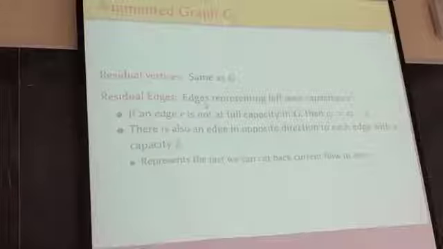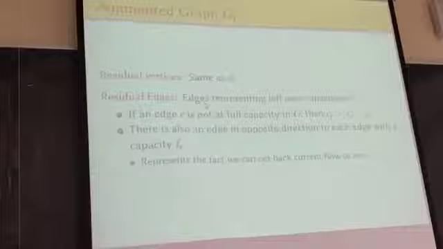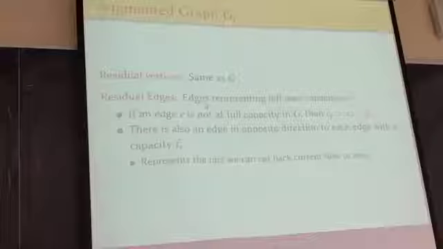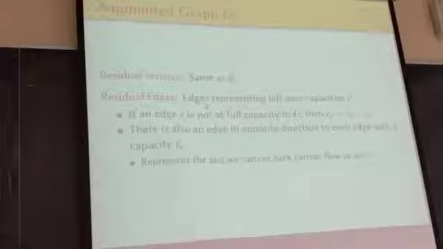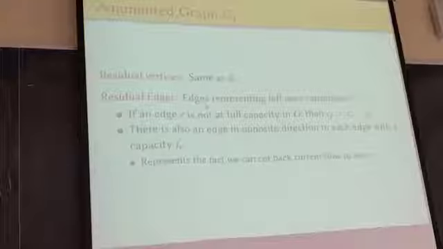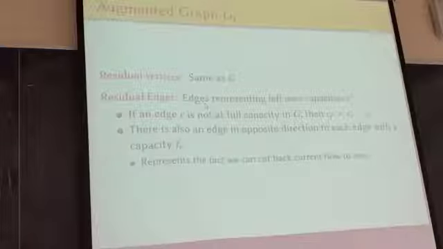But in order to do this, we need to define the notion of a residual graph. A residual graph basically captures the remaining capacities. You're going to do this step by step. In the first step, you might have assigned some flow on some of the edges.